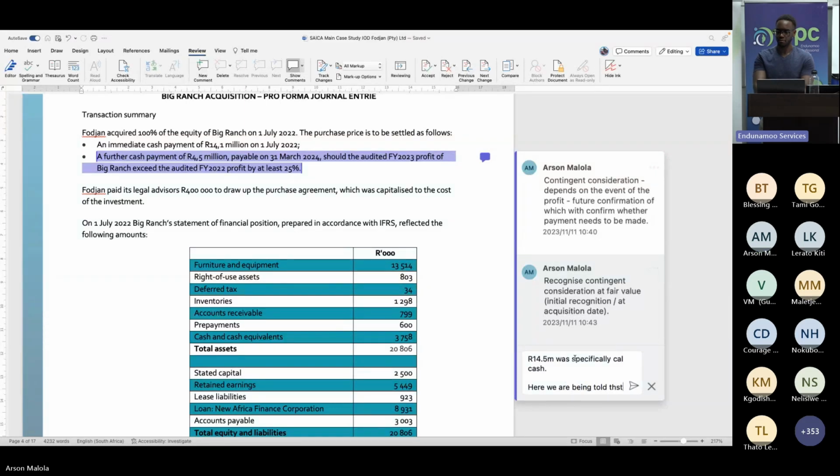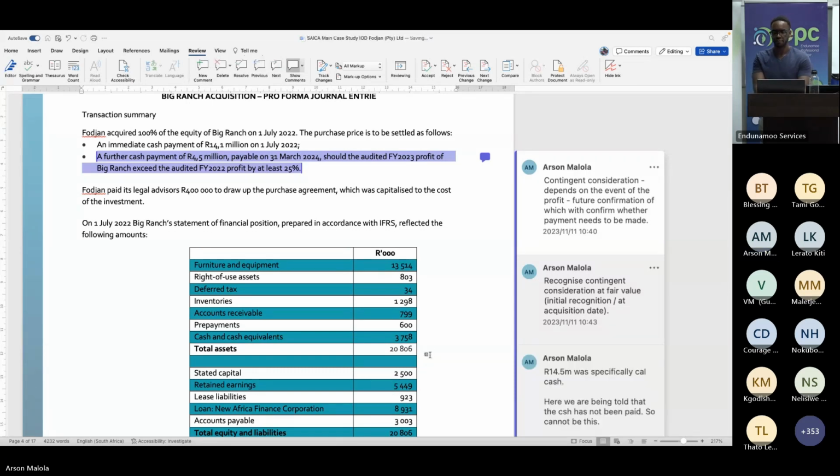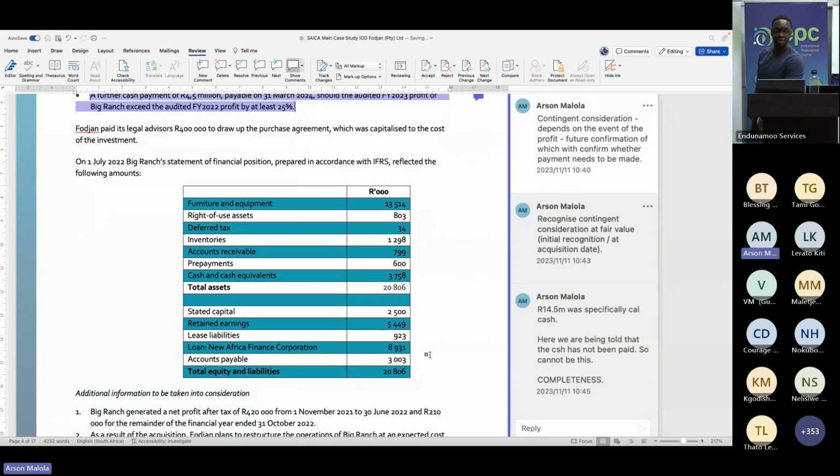So that cash should not have come out. So it can't be the missing link between the 14.1 and the 14.5. Absolutely. Agreed. We're connecting the dots, right?